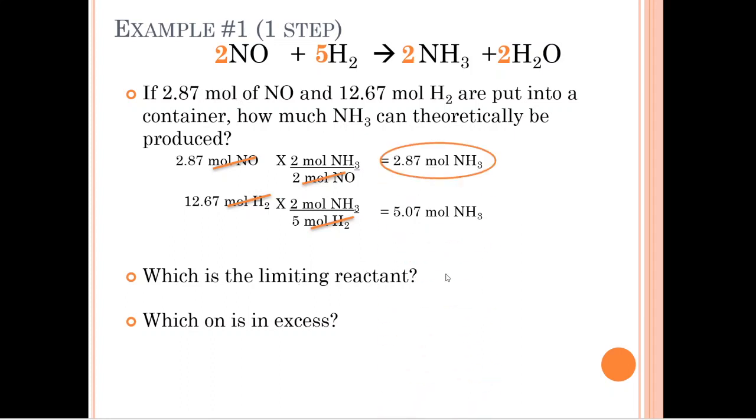This one is our limiting, 2.87. We go back to the equation: the limiting reagent is NO, because it produces less NH3. And the excess is H2, because it produces more NH3.